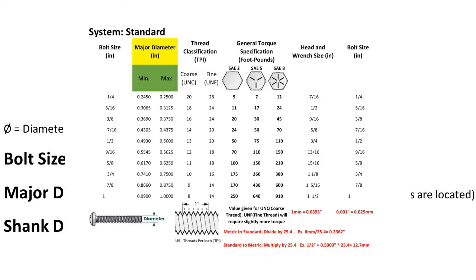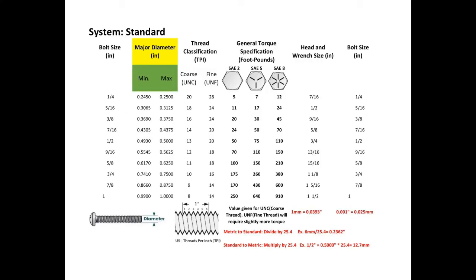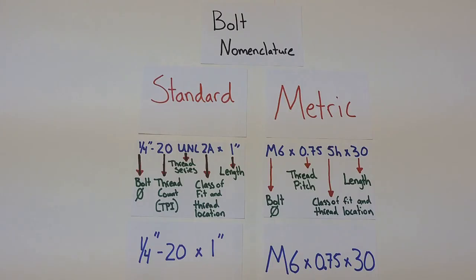This measurement will be taken with a scale or calipers and then compared to the minimum and maximum values found on your reference chart. This measurement can be equal to the minimum or maximum values or anywhere in between. Typically, your measurement will be closer to the minimum value.